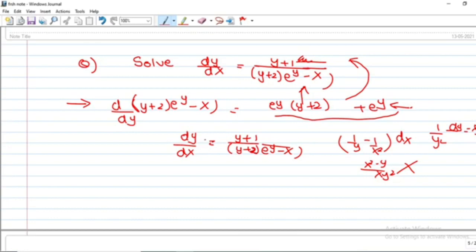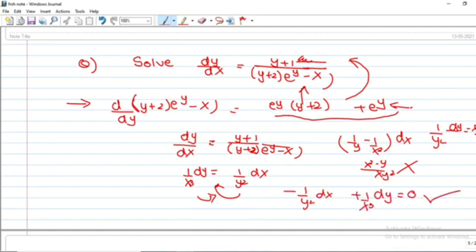Suppose, let me take one more example. If 1 by x cube into dy is equal to 1 by y square into dx, you are not allowed to move it here and move this there. You have to just solve it like this, move it that side and then solve it. This is correct.